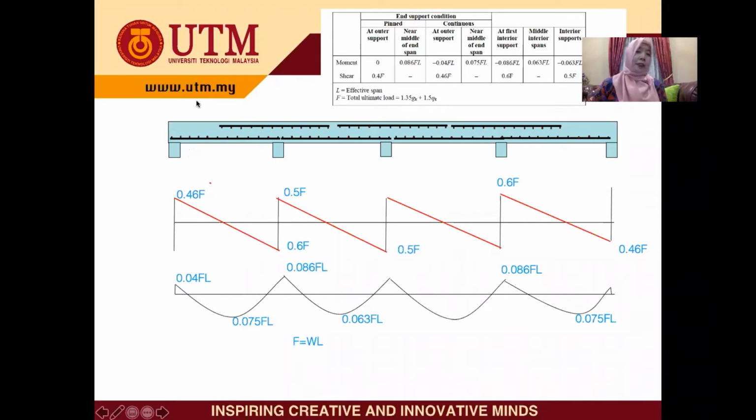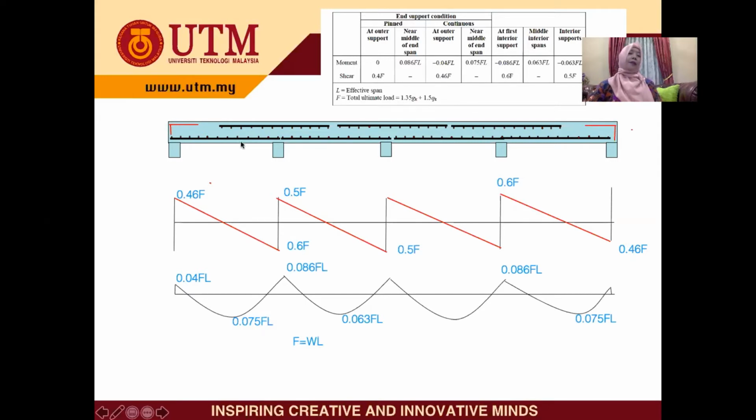But actually, since we have a moment, we have steel here, and we need to design it. Again, also steel here.